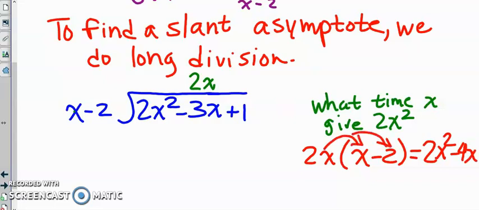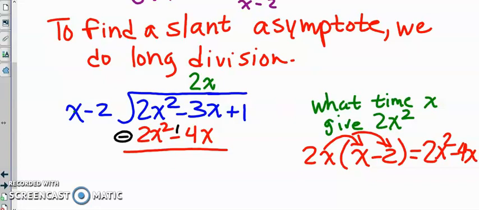Remember, when you subtract, you change the signs. And so the 2x squared cancels out. You're left with a positive x plus 1.